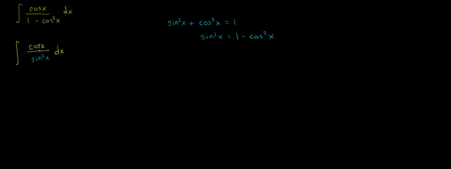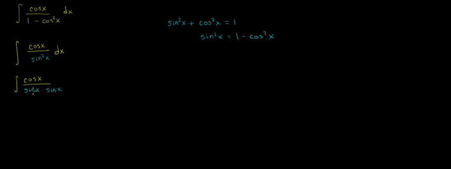And you might be thinking, well, what does that do? Well, what I can now do is expand this sine squared of x, and I can rewrite that like this. I can say cosine of x over sine of x times sine of x.